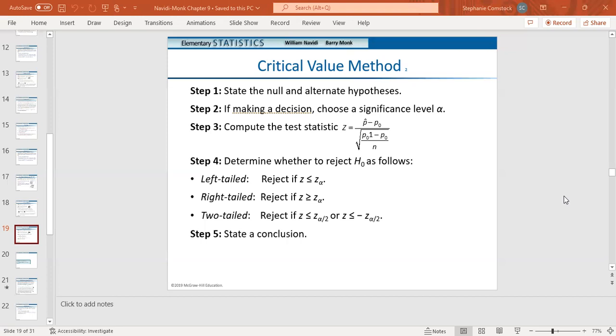I will fail to reject our null hypothesis. Now, if they get me past it, it doesn't matter if I'm a far ways past it or a little ways past it, I am going to reject, okay? And so we're going to talk about how to set this up.